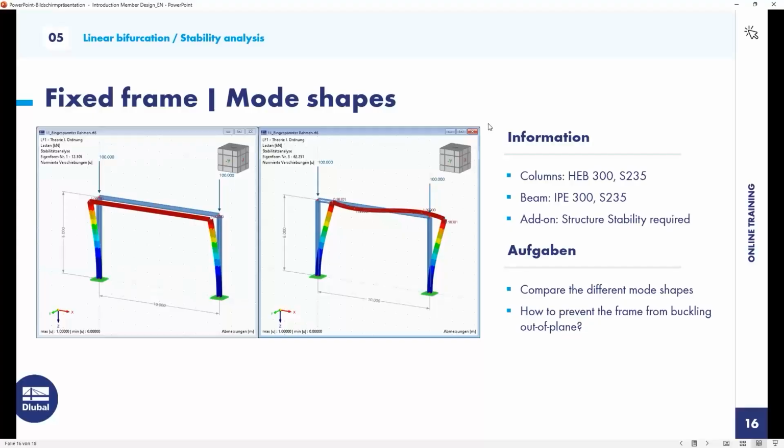So, in this last example, we again want to calculate the mode shapes for this fixed frame, and especially for the columns. And here it is not completely trivial to decide which effective length factors these columns have, because they are held by this horizontal member.